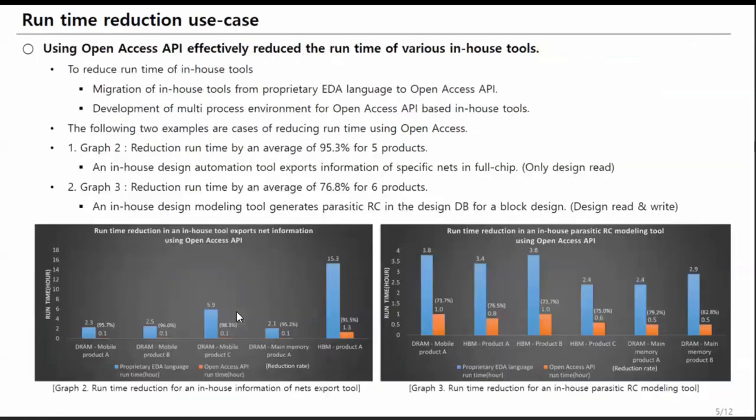SK Hynix developed in-house tools by switching to OpenAccess API and applied multiprocessing as described in the previous section to reduce runtime. The following graph shows the case where in-house tools were transitioned to OpenAccess API to achieve reduced runtime.